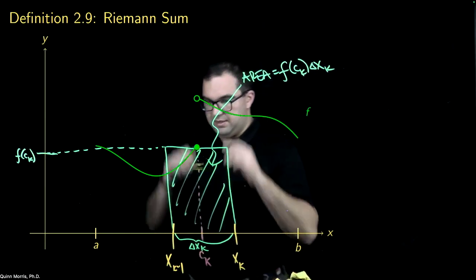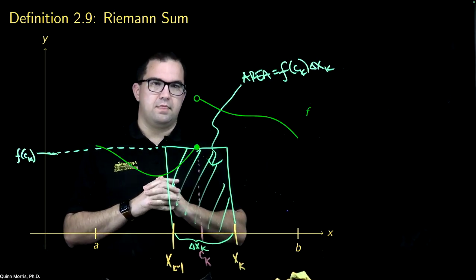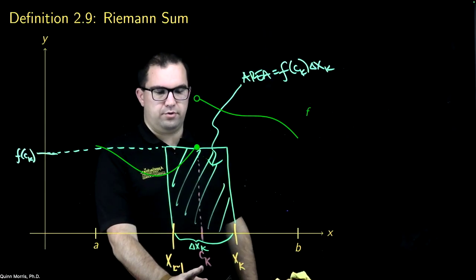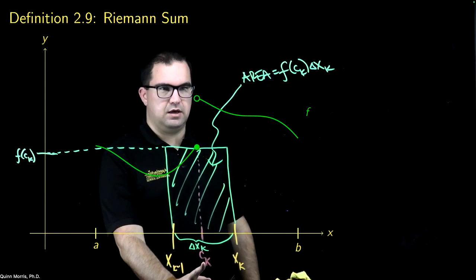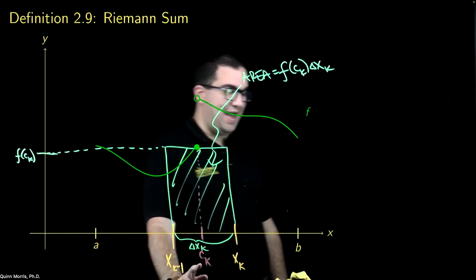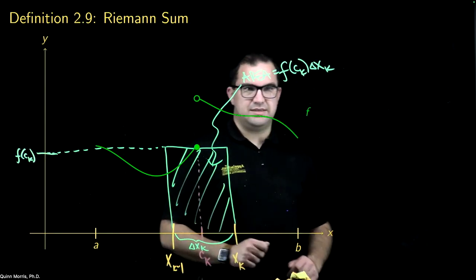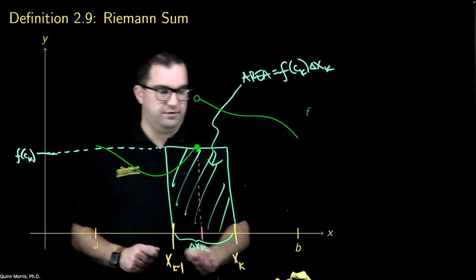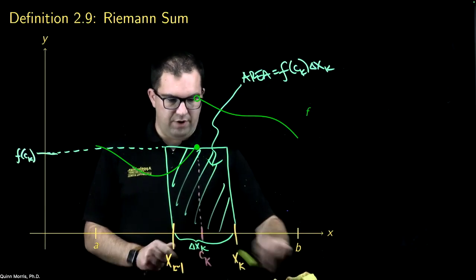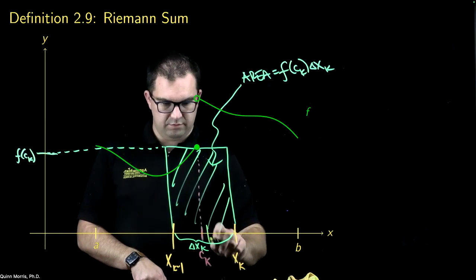Now, let me emphasize a couple of things. If you were to perturb this tag ever so slightly to the right, so you were to move it just a little bit to the right. And let me maybe do that in yellow.